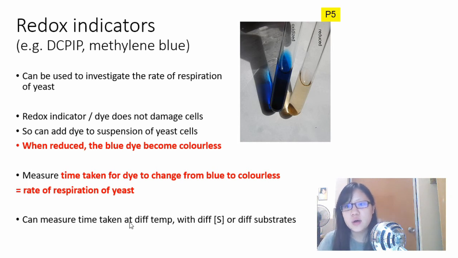And of course, in paper 5, they'll ask you to describe an experiment, and you can talk about different independent variables you can use. So you can do this with different temperatures, you can use different concentrations of substrates, or different substrates even, give the yeast different things, and then measure the rate of respiration of yeast and plot a graph. And therefore come to a conclusion about what its effect on respiration is.